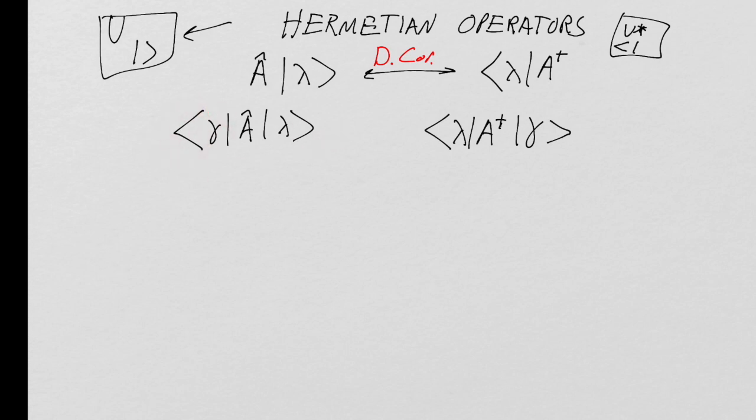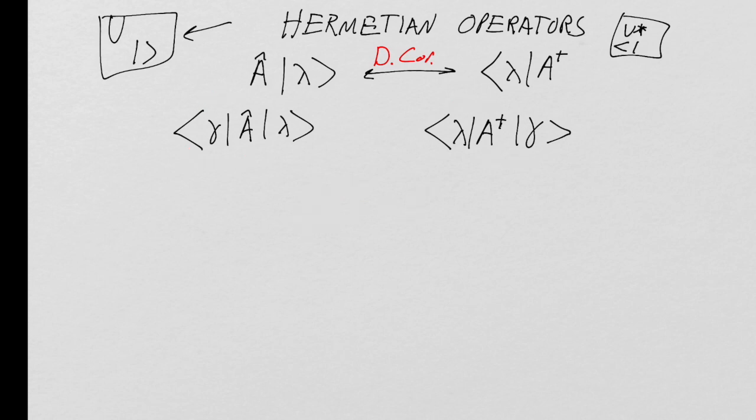Now notice we've chosen to call this the transformed lambda. We could have just as easily said we're going to transform the bra, because operators can act in both directions. Don't think that Hermitian adjoints can only act this way and non-Hermitian adjoints can only act that way, because remember, the Hermitian adjoint of A hat adjoint is A. So this is a matter just of taste, but it is irrelevant.